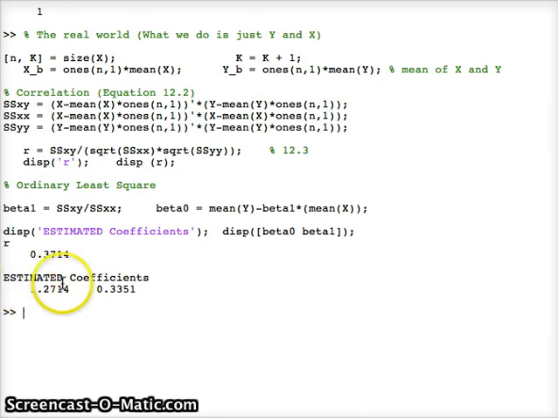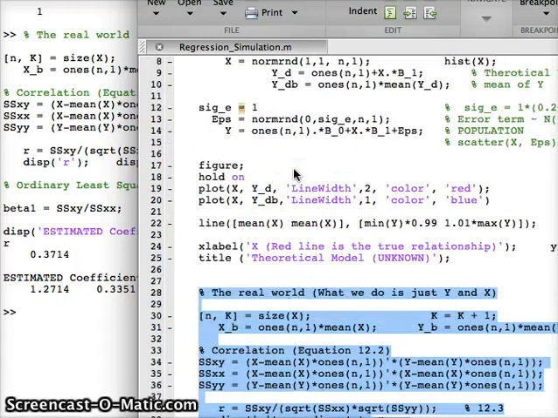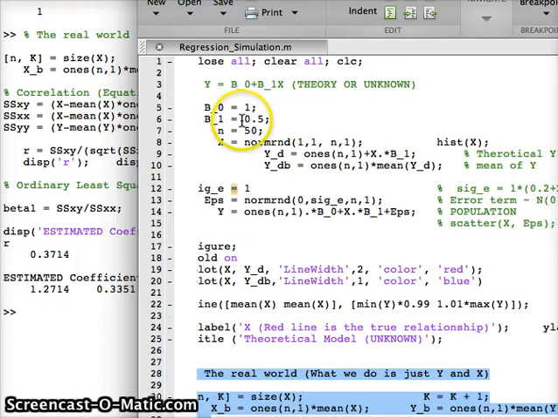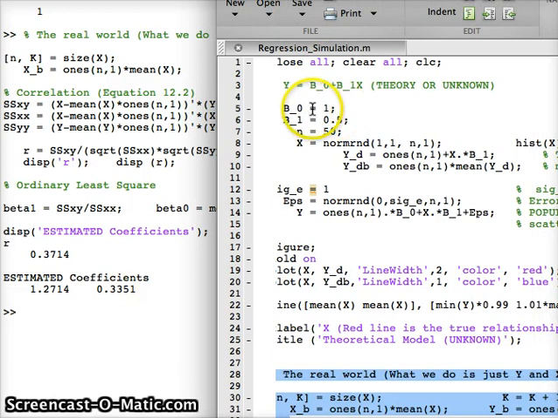Okay, our estimated coefficients are 1.27 and 0.33. So actually this is different to the value we gave in the theoretical model.